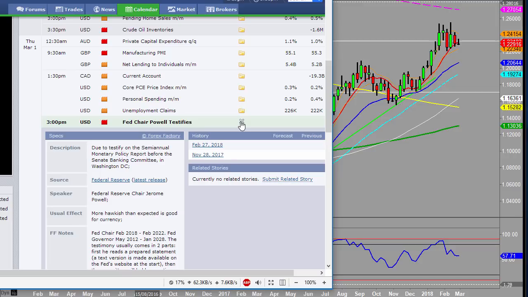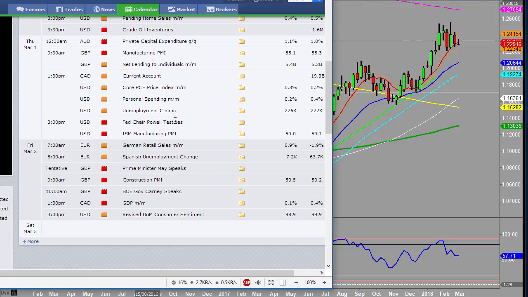I think this is the Senate, is it? Senate Banking Committee, there you go. So it's later, but again volatility is expected around there. And then we've got the ISM manufacturing data at that time as well. So that will be the immediate hit, and then whatever Powell says thereafter may create volatility.